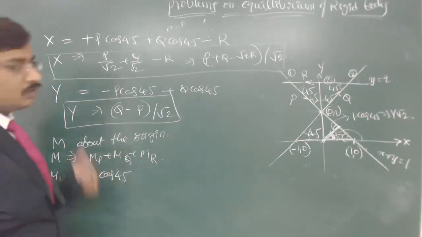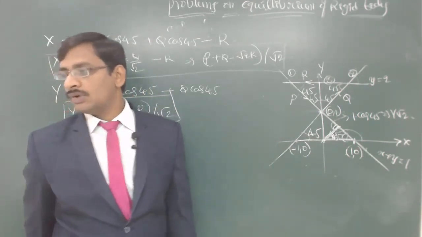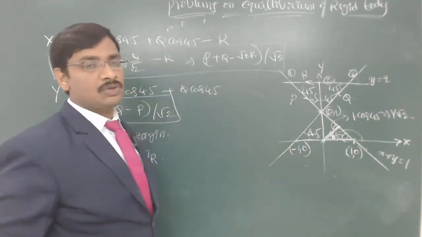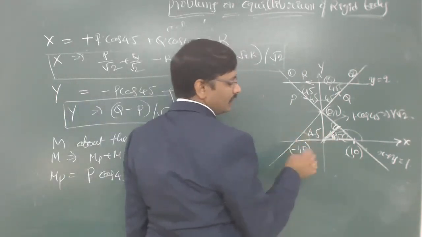Now when you calculate the moment, you have to consider the direction. When you are considering the direction, listen carefully, as it gives a lot of confusion. I follow a standard convention.